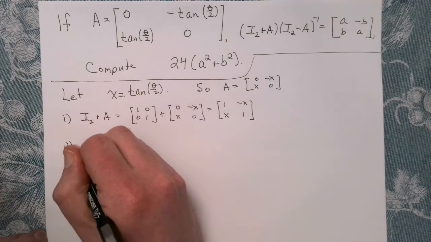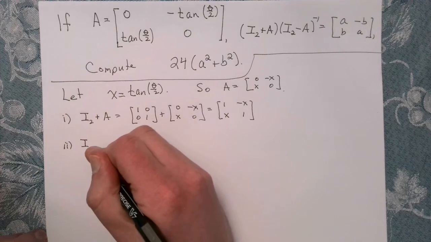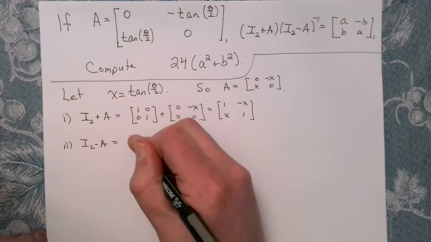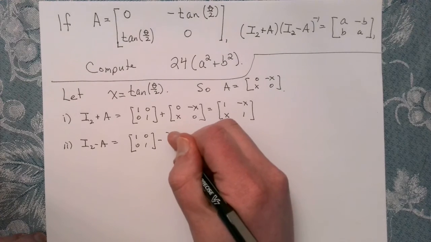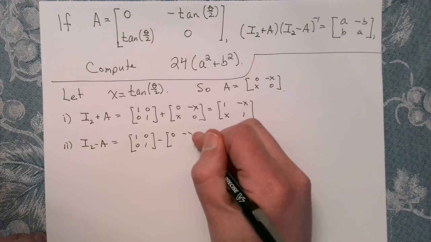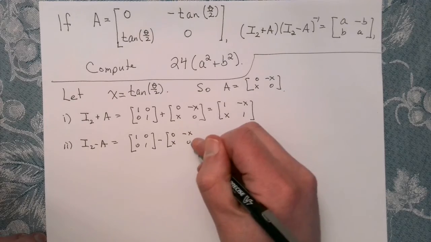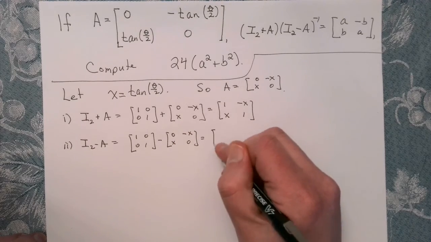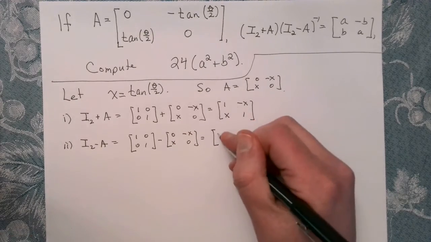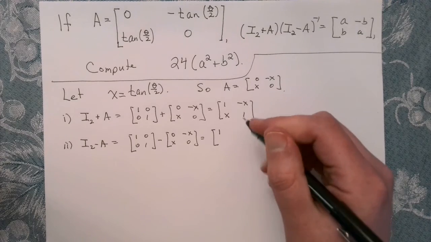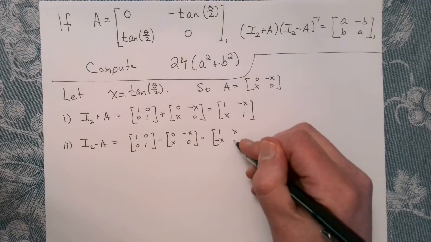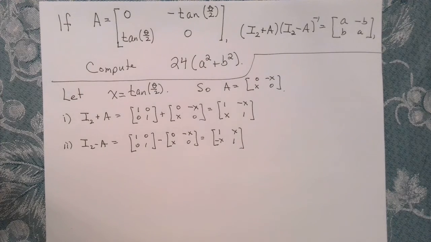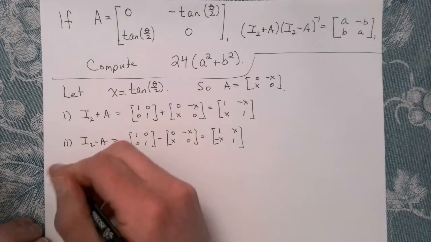We need the 2 by 2 identity minus A, and we just subtract component-wise. So we get 1 minus 0, 0 minus minus x, 0 minus x, and 1 minus 0. That seems pretty good. Let's go ahead and find the inverse of that.